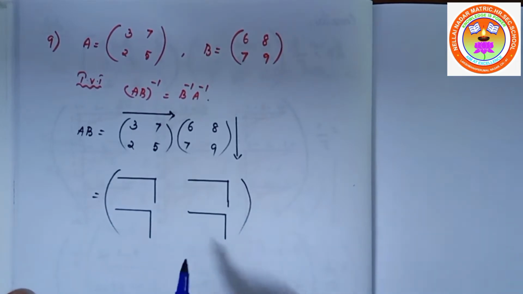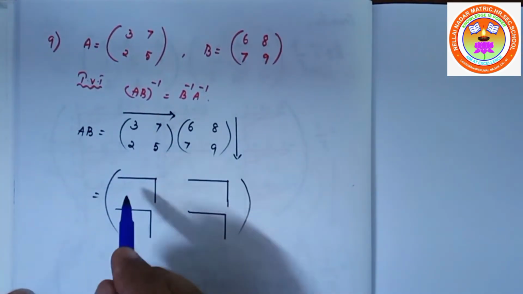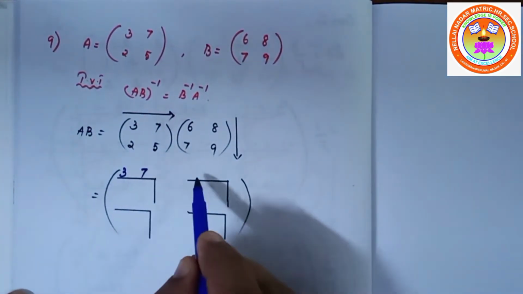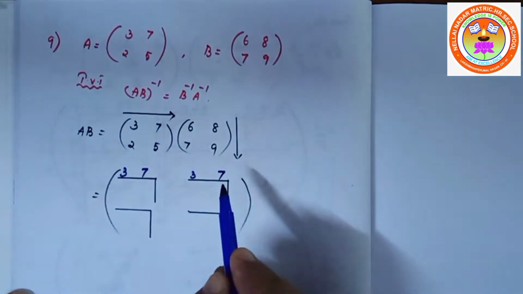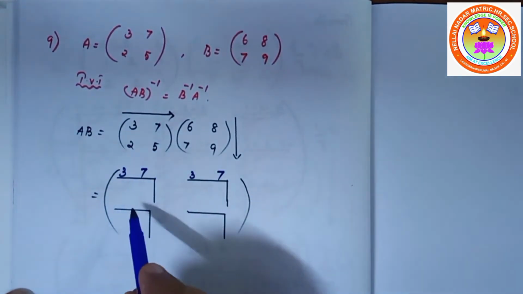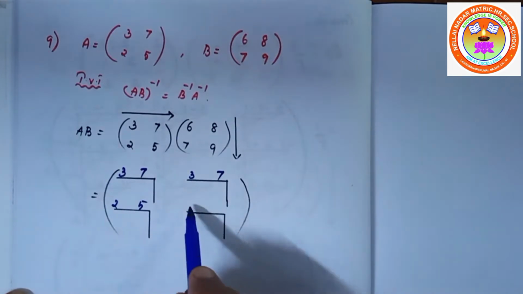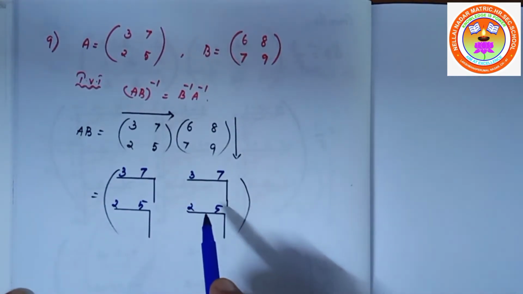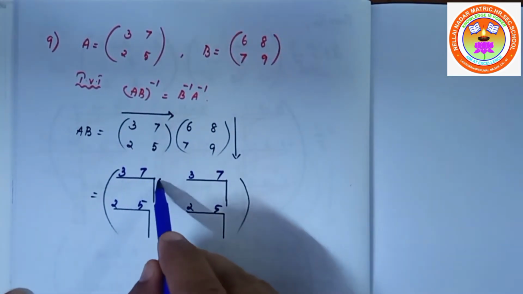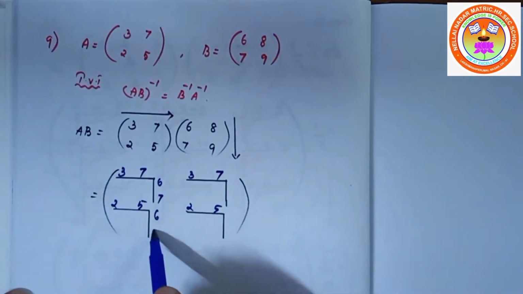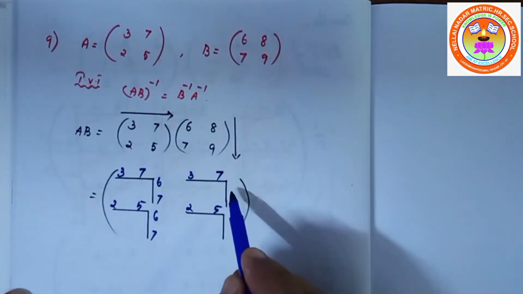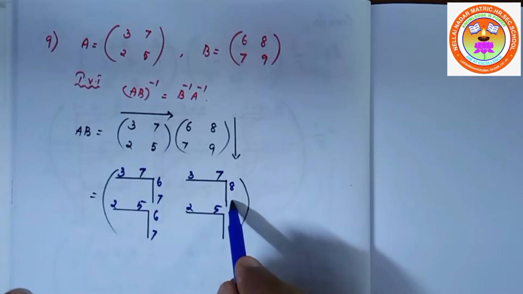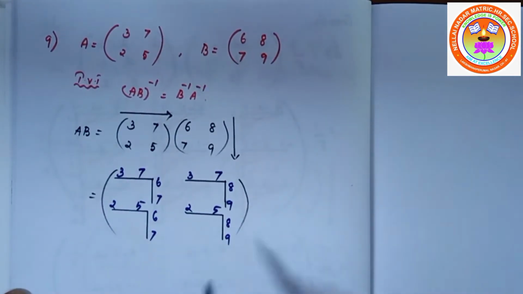You draw like this. First row elements are 3 and 7, here also 3 and 7. Second row elements 2 and 5, here also 2, 5. And second matrix, first column elements 6, 7, here also 6, 7, and second column elements 8, 9 and 8, 9.